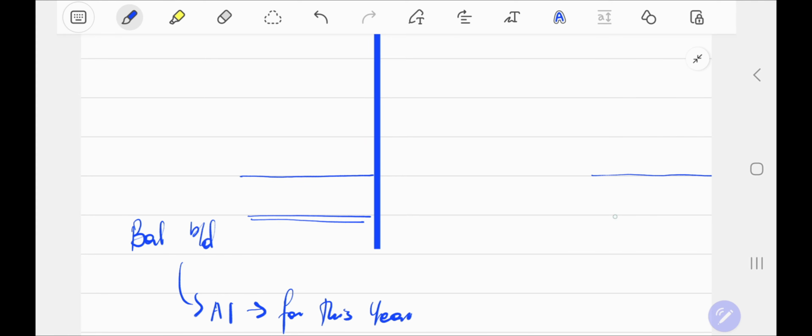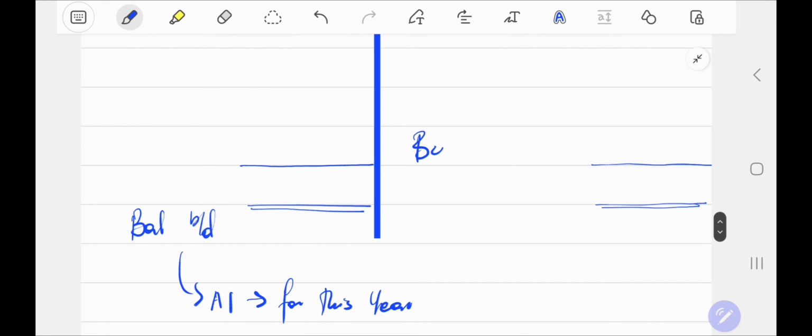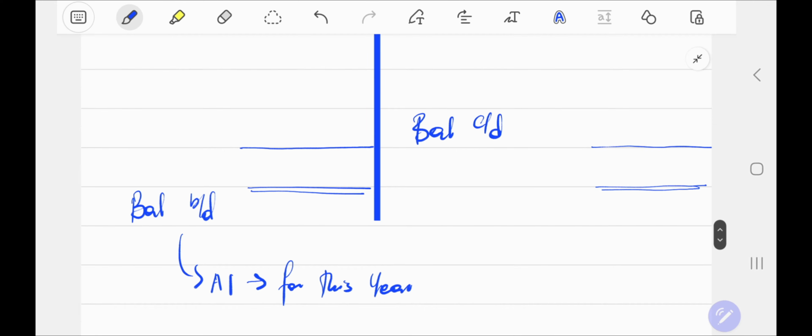It's accrued income. And as you know in accounting, when you record the balance brought down, you record the balance carried down on the other side. So the closing balance of accrued income, the membership fees that are outstanding for this year, is the membership fees that we're expecting to receive this year, but these members did not pay.